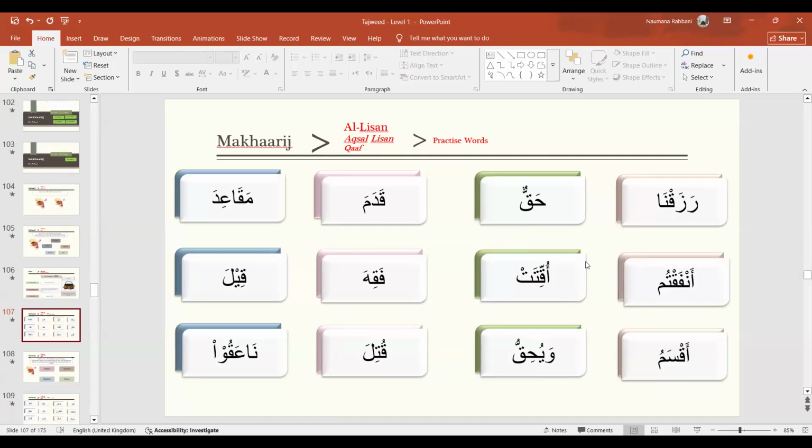So the words رزقنا، أنفقتم، أقسموا. And here, make sure now, there are three stages, three strengths. SubhanAllah, words are escaping me today.